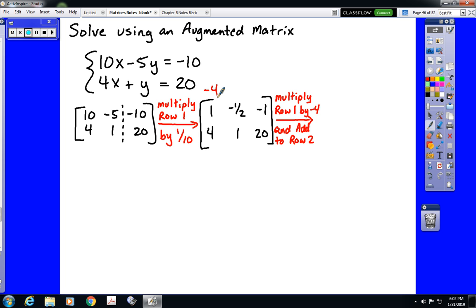Which would be -4, +2, and +4. And then we would add those values to the second row. I probably don't want to use black highlighter. That's a pretty poor choice. So add those numbers. And that generates our next step, which is 1, -1/2, -1, 0, 3, 24.